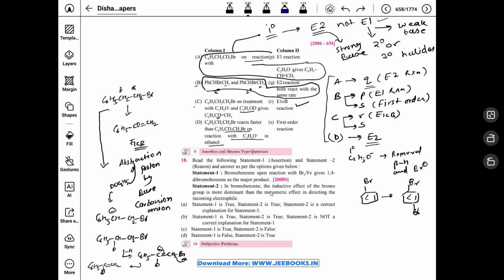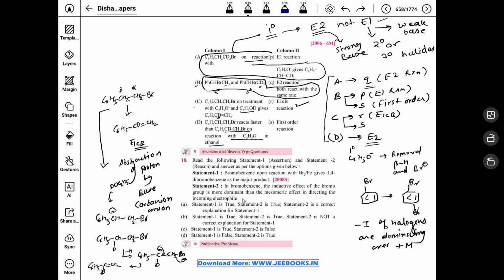Now statement 2: in bromobenzene the inductive effect of the bromo is more dominant than the mesomeric effect in directing the incoming electrophile. Yes, the inductive effect of halogens is dominating over the +M effect.